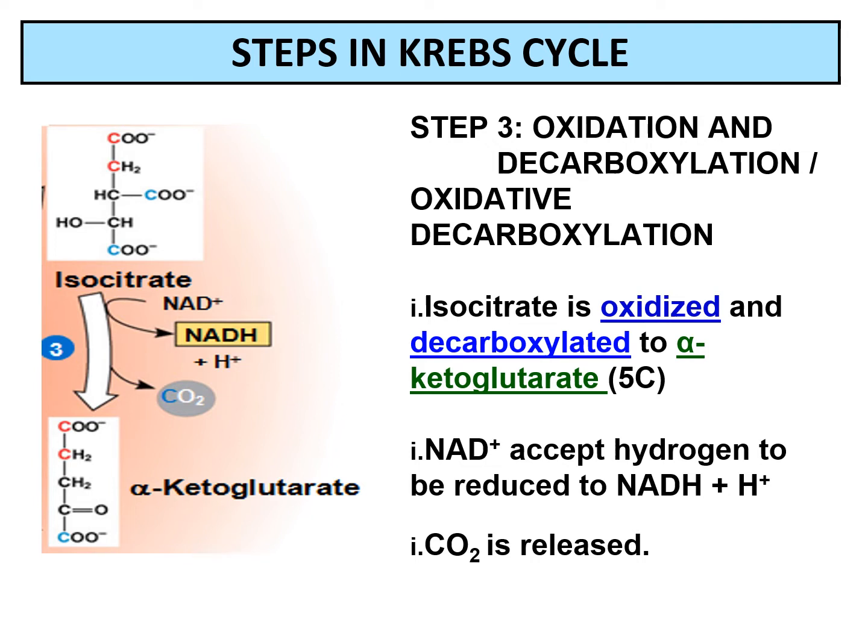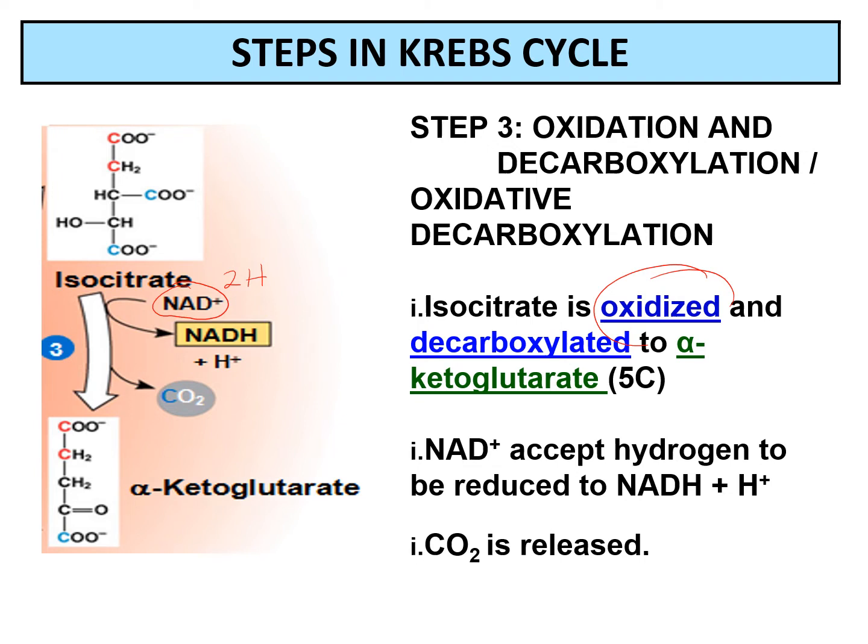First, isocitrate is oxidized. This is the oxidation, which means it releases hydrogen atoms, two hydrogens involving electron and hydrogen ion. Since isocitrate is oxidized, the oxidizing agent is the NAD+.